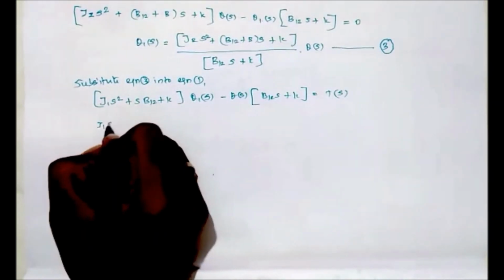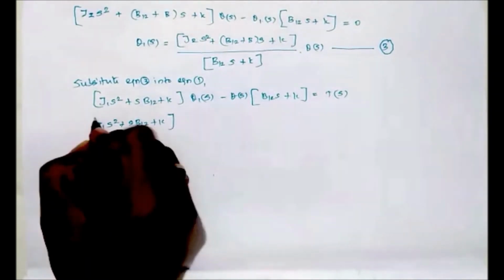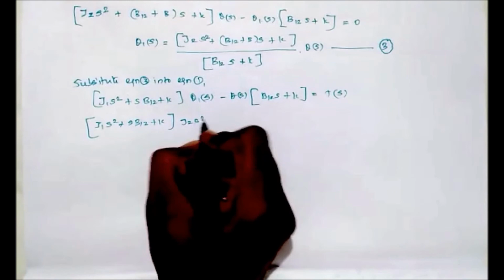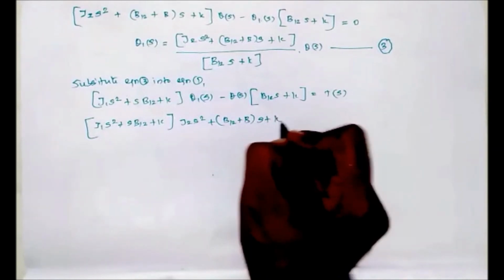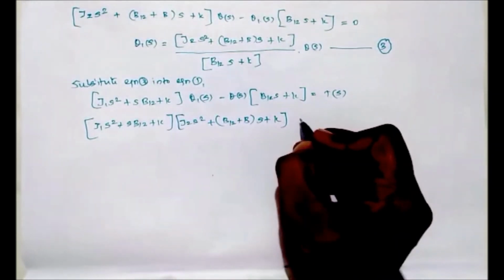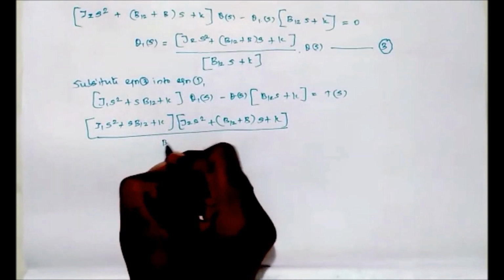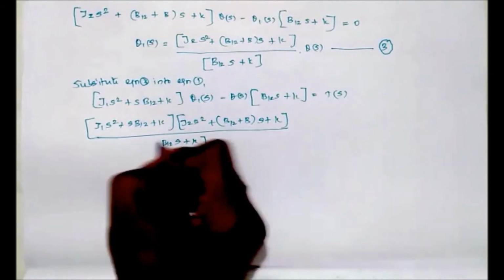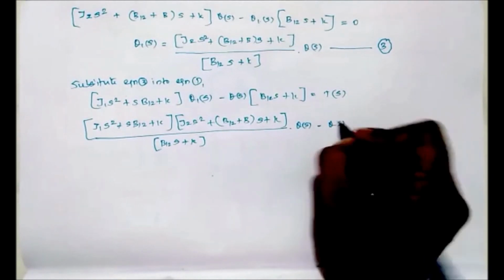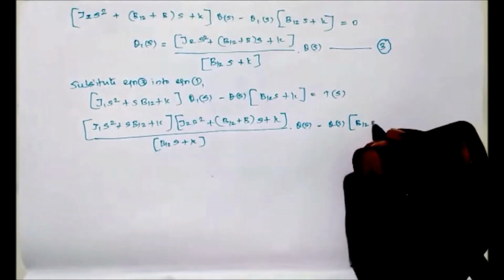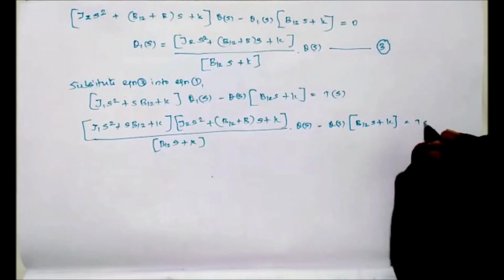So now this will become J1 s square plus s b12 plus k into J2 s square plus b12 plus b into s plus k, divided by b12 s plus k, into theta of s, minus theta of s into b12 s plus k equal to theta of s.